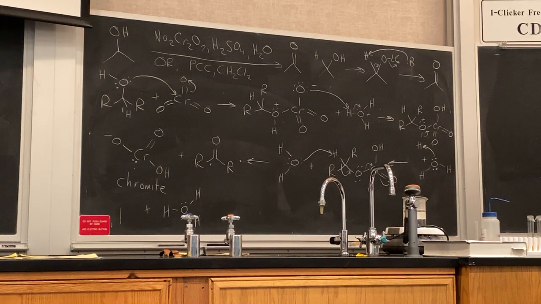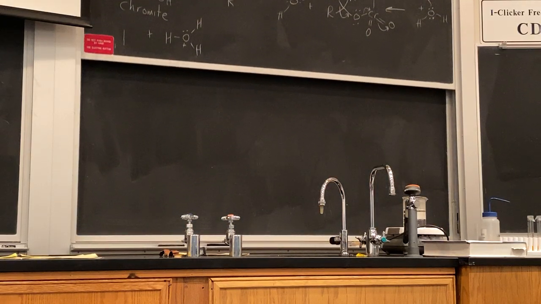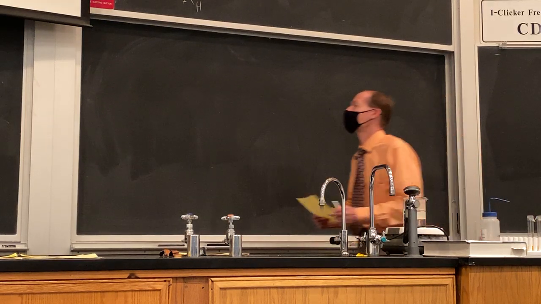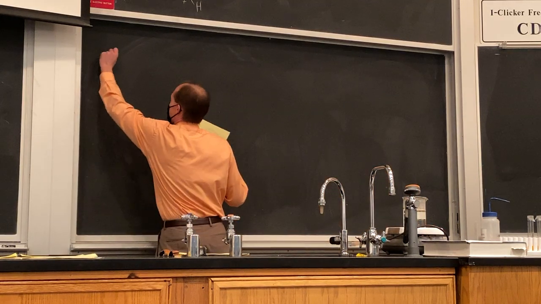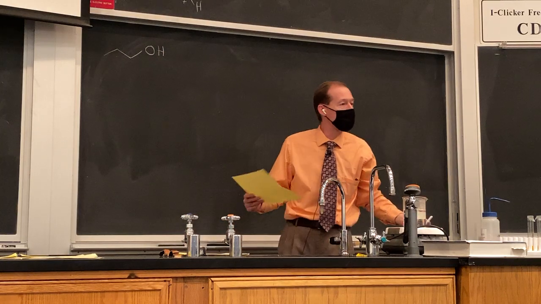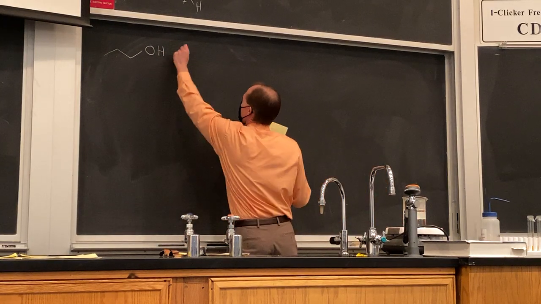Okay, so that's what happens when we oxidize a secondary alcohol. Now let's look at what happens when we oxidize a primary alcohol. Here, we're going to have two different outcomes depending on the oxidizing agents that we use.